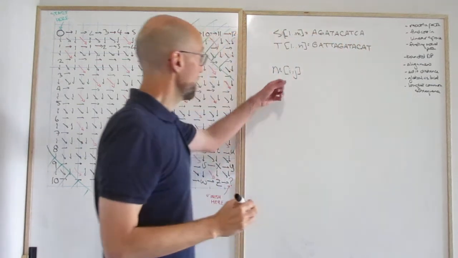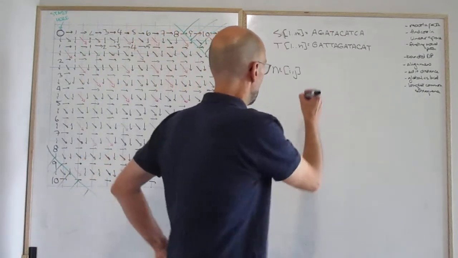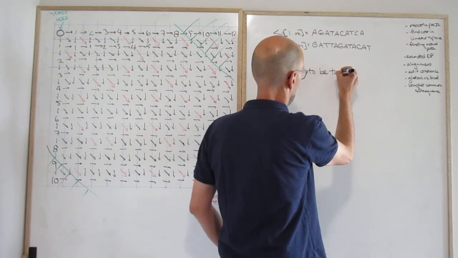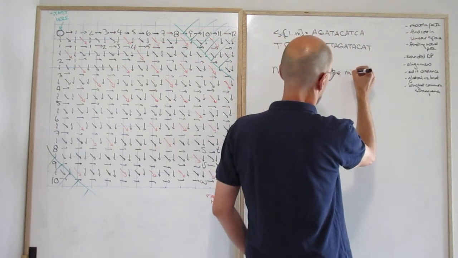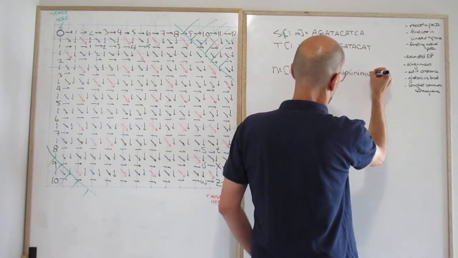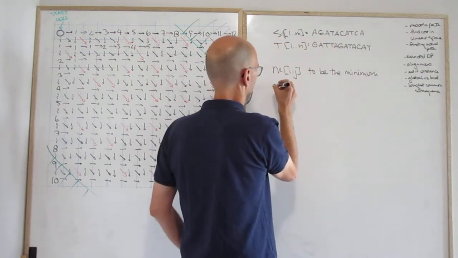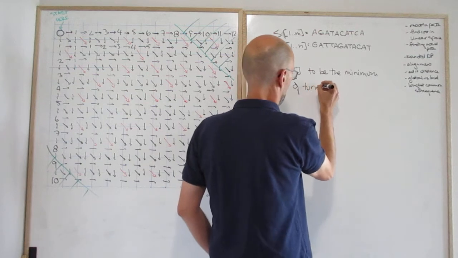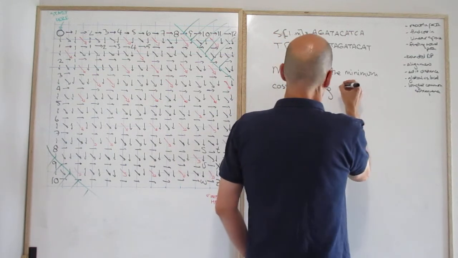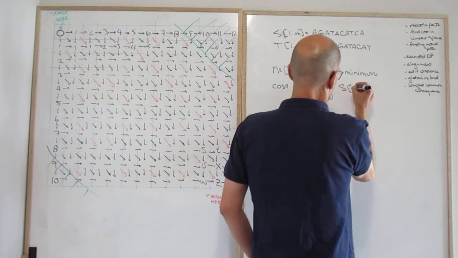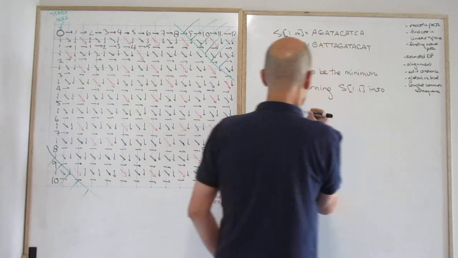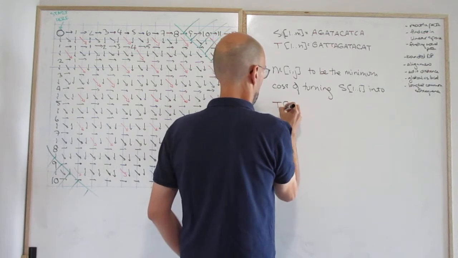And we want Mij to be the minimum cost of turning S1 to I into T1 to J.